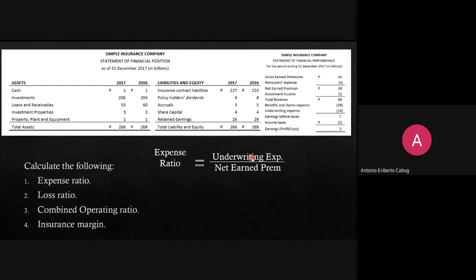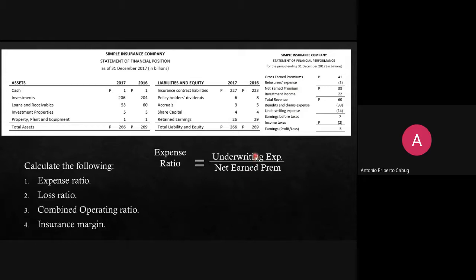The underwriting expense is, anyone? Okay. May narinig akong mga mic. Oh. Hello? Oh, sir, 36.8%. Okay, 36.8% daw. Let's check.